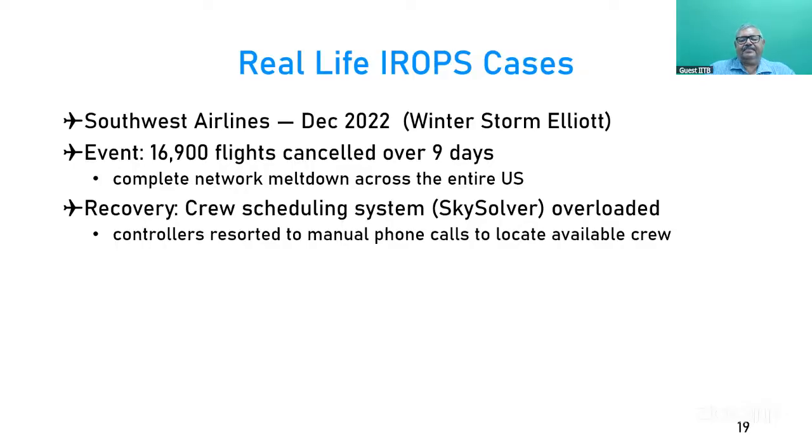There was a crew scheduling system called SkySolver. This particular system was supposed to help in identifying which crew member to be taken and put on which route for what particular purpose. Because of the overload of data, it crashed.